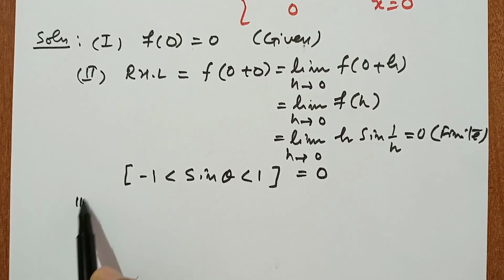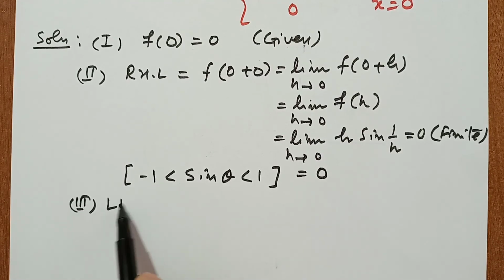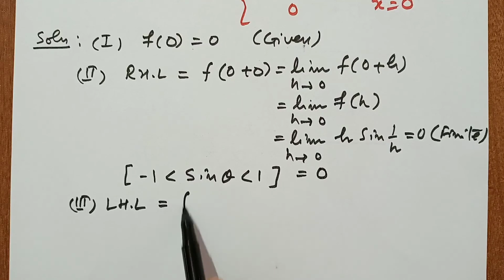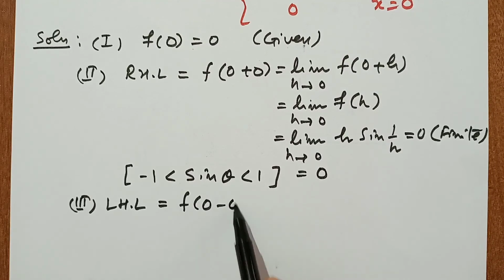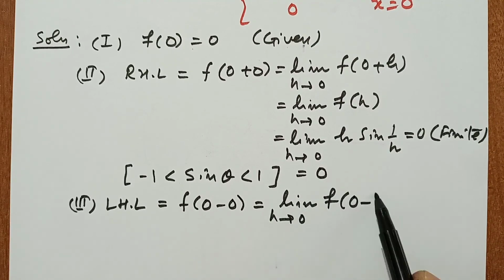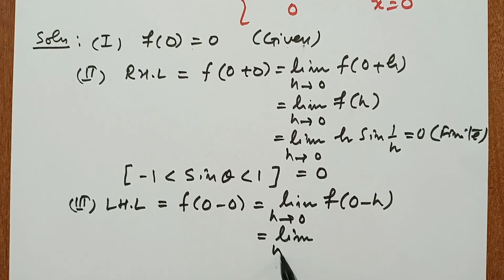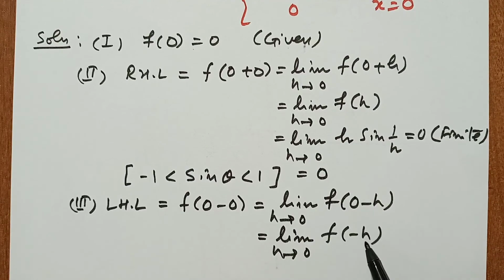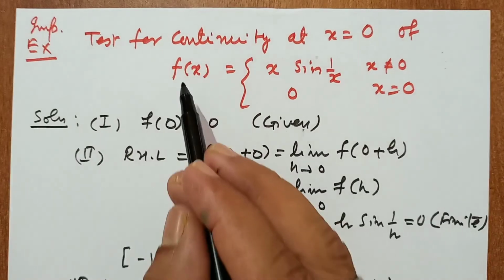Similarly, we calculate the left hand limit. Okay, so the left hand limit is f(a minus 0), where a is nothing but 0. So limit h tends to 0 f(0 minus h) by definition. Okay, so limit h tends to 0 f(minus h). So what is f(x)? Here given f(x) is equal to this thing.